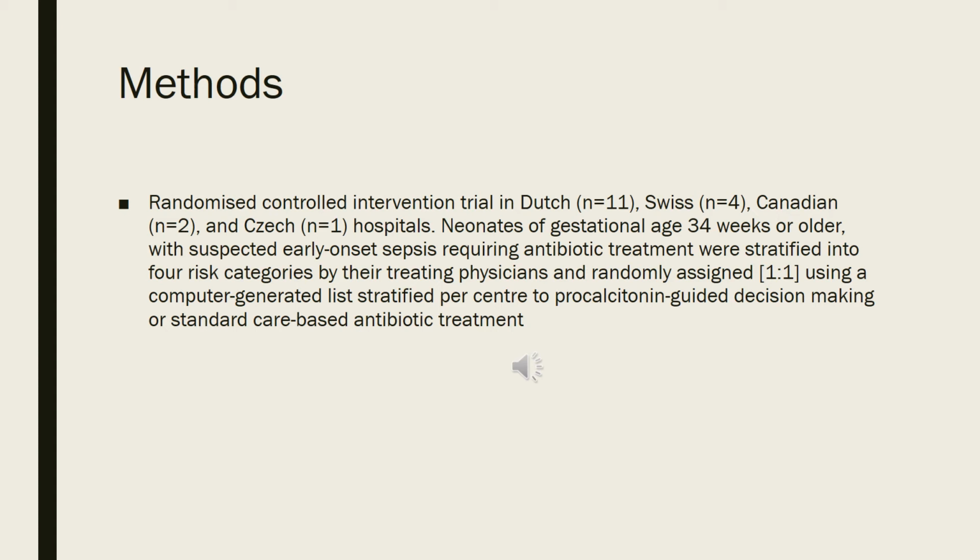They did include neonates of gestational age of 34 weeks or older. We do see a lot of preemies with a gestational age lower than that, but they chose 34 weeks and older, and they had suspected early onset sepsis requiring antibiotic treatment.